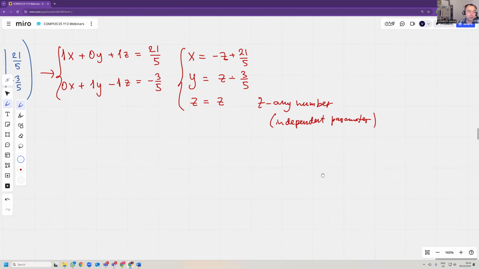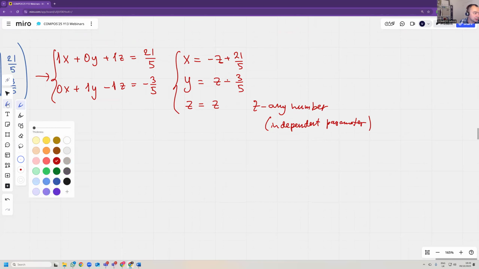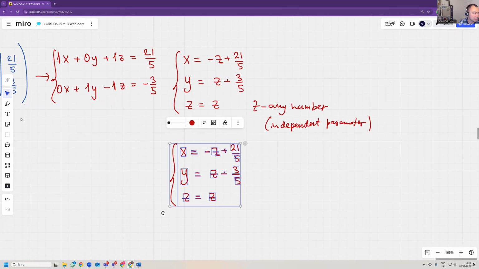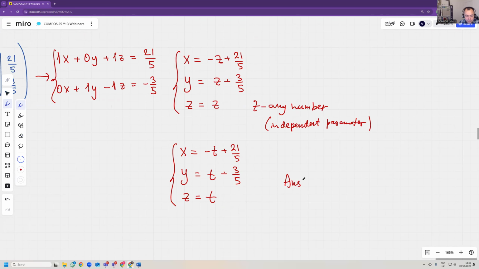To make things simpler, we sometimes use t. So we just rewrite it like this, and we replace z with t. So the answer is minus t plus 21/5, t minus 3/5, and t.